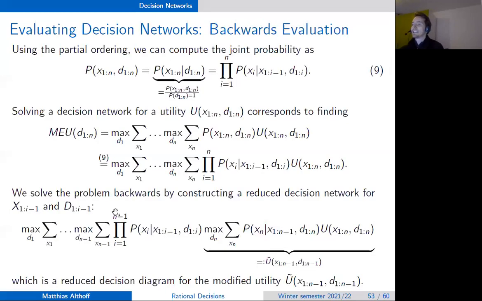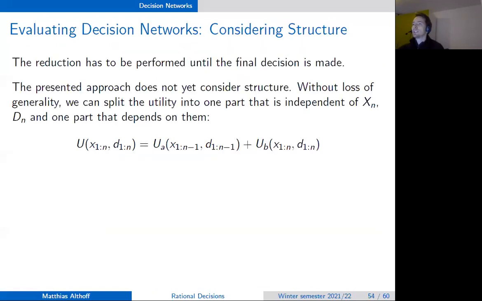So the thing that is a little bit inconvenient here is that we were summing over all states x. However, some states have nothing to do with the decision dn, and you don't have to consider those. So we will split the utilities into utility ua and utility ub, where utility ua doesn't have any dependence on the variable xn.